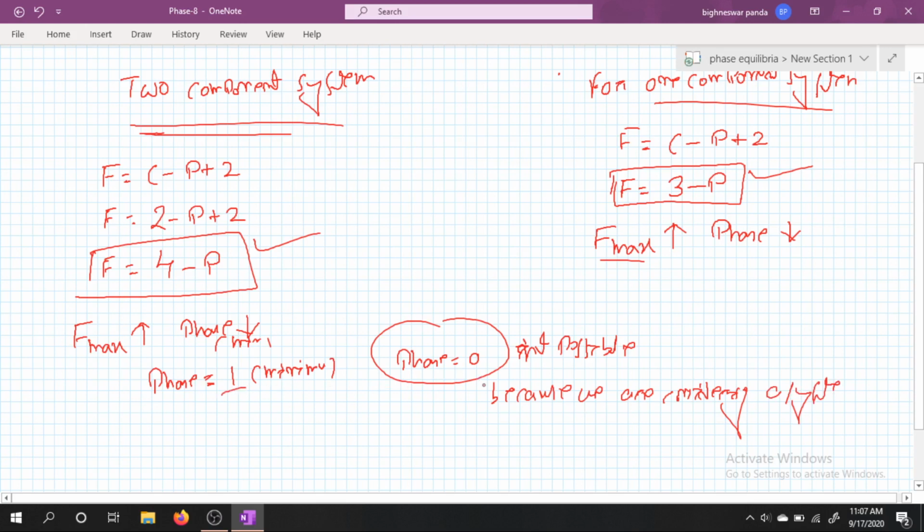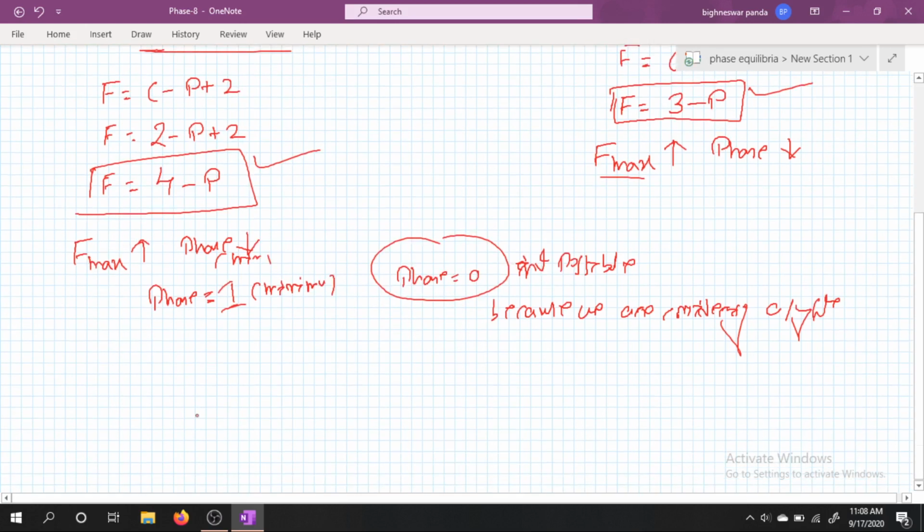If the phase is 0, we would have to consider a system which contains neither liquid, solid nor gaseous phase, so the system is not possible. So the minimum phase is 1. So I can write F = 4 - 1, and it will be equal to 3.